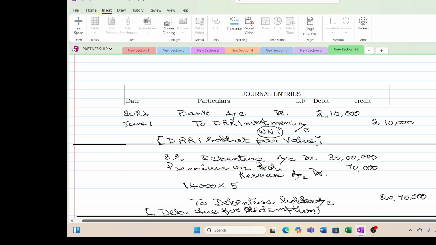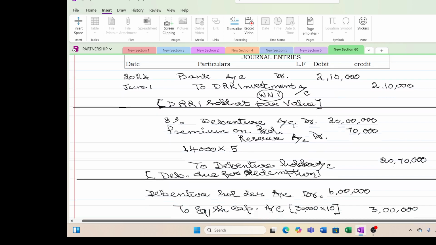So bank account debit, we receive money of 2,10,000. The redemption investment account is for 14,000 debentures. It is 2 lakh, 15% is 2,10,000.